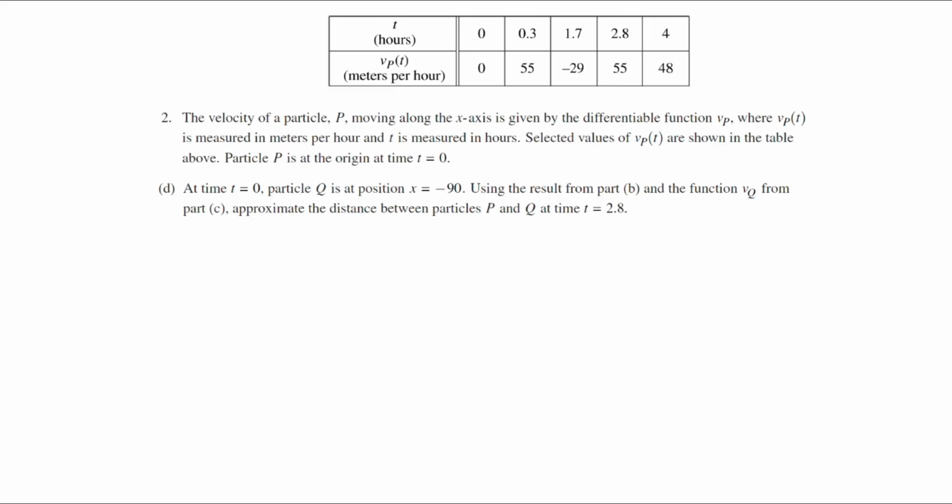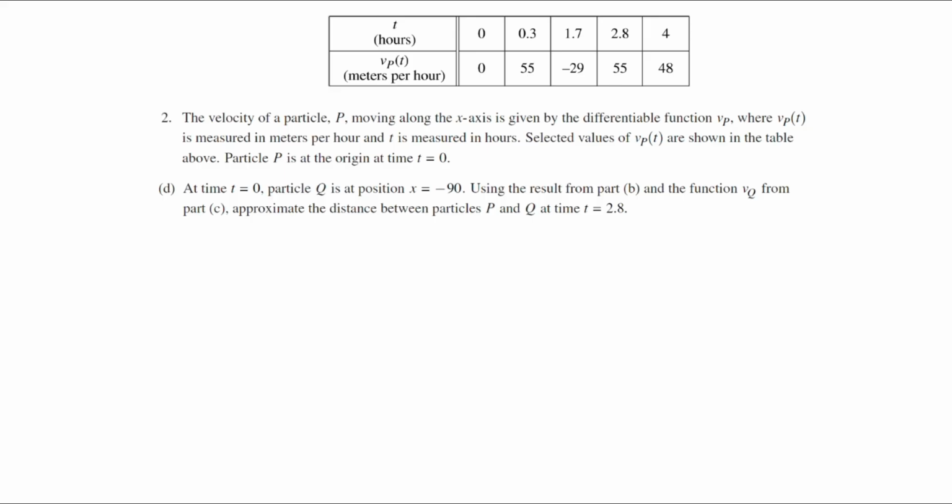In part D here, our last part of this question, it says at time t equals 0, particle Q is at x equals negative 90. And then it wants us to use the result that we had from part B and the function v sub q from part C to approximate the distance between the particles P and Q at 2.8.